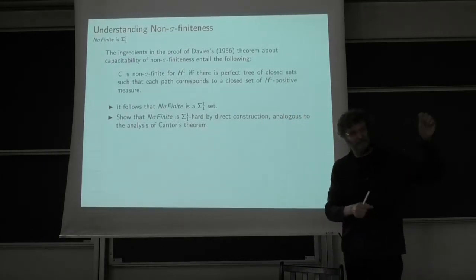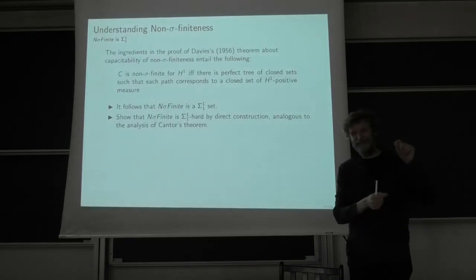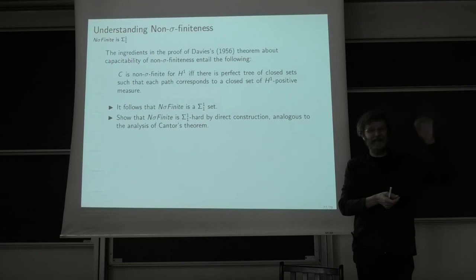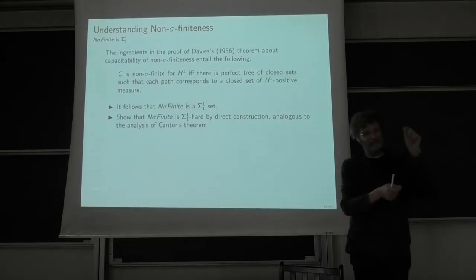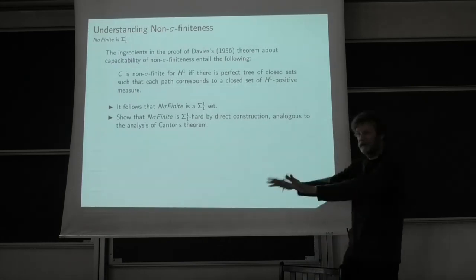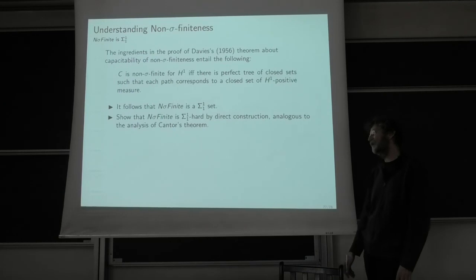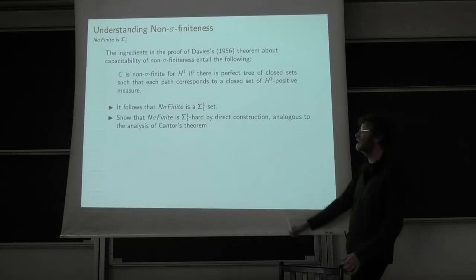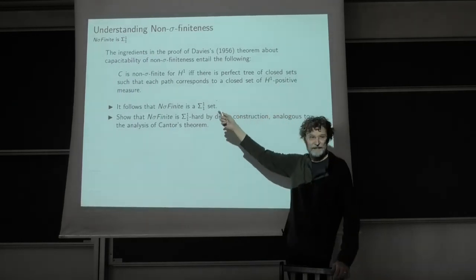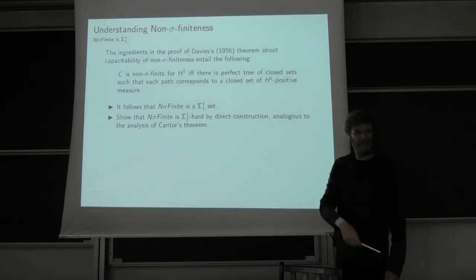When the witness stops, when the witness shows, I give up, I'm not a witness to this sigma 1,1 statement, well, then you have to stop embedding your tree and sort of thin everything out to null. And so you copy the way sigma 1,1 statements are true into this non-sigma finiteness in the same manner that you would do it if you were going to solve that exercise about Cantor's theorem.